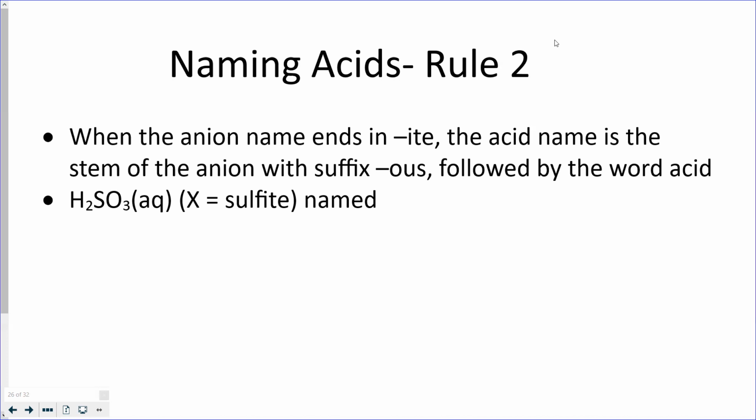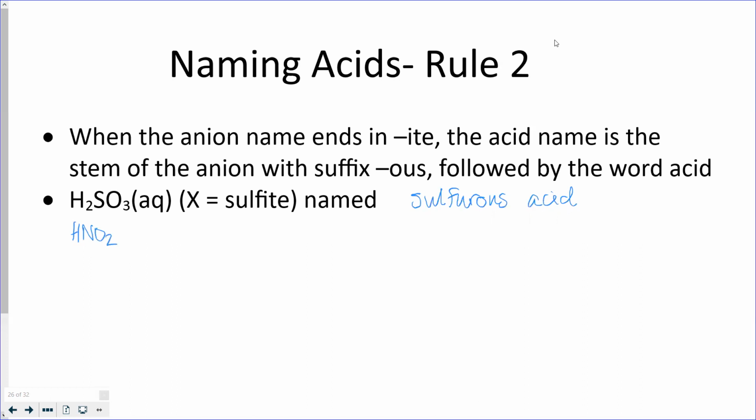So here we have H2SO3. SO3 is sulfite with that ITE ending. So this is sulfurous acid. So yet again, there's no prefix on here. We could also do something like HNO2.